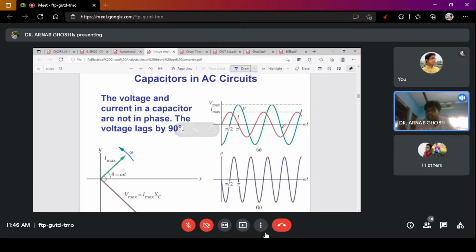If the green wave is representing the voltage and the red wave is representing the current, you see the green wave is lagging behind the red wave by this phase difference, and this phase difference is equal to pi by 2. That is, the voltage phasor is lagging the current phasor by an angle of pi by 2.